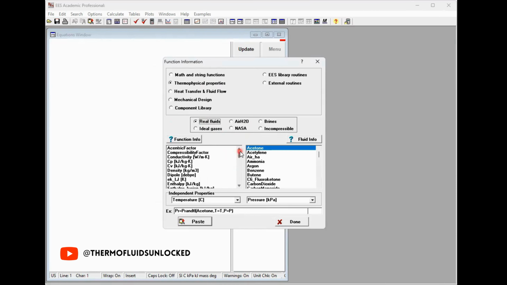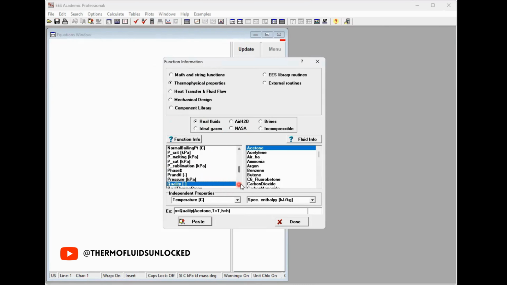For example, here you see density, or if we scroll down, you see internal energy, or what we call energy in thermodynamics. It has the critical pressure of the material that we may need. Psat, which is the saturation pressure.